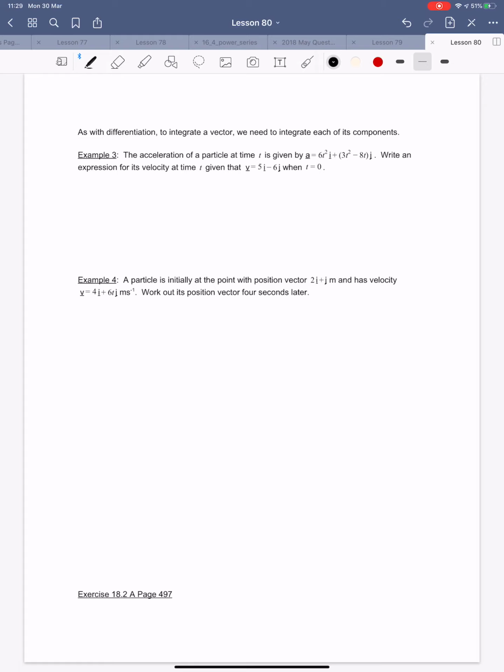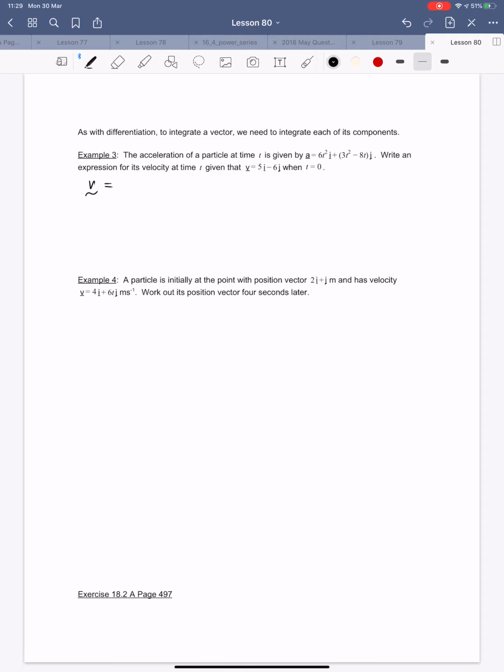Okay, so as with differentiation, to integrate a vector, we need to integrate each of its components. So the acceleration of a particle is a is 6t squared i, 3t squared minus 8t j. Write an expression for its velocity at time t, given that v is 5i minus 6j when t is 0. So we want velocity.